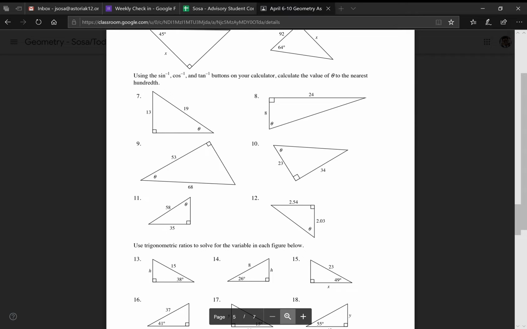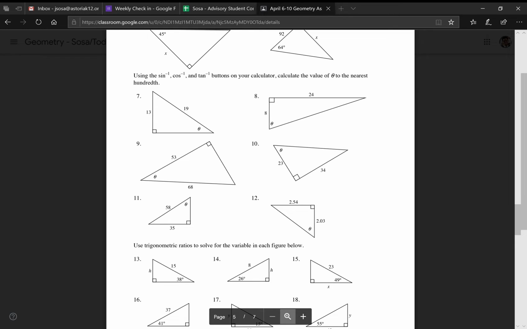So, change my pen again. So sine of my angle, again, I don't know what that is, so theta equals opposite 35 over hypotenuse 58. Okay. Again, my goal is to undo the sine by doing the inverse operation of sine, which is inverse sine.